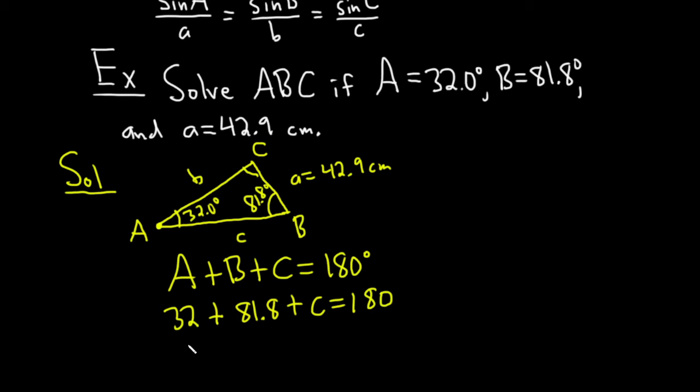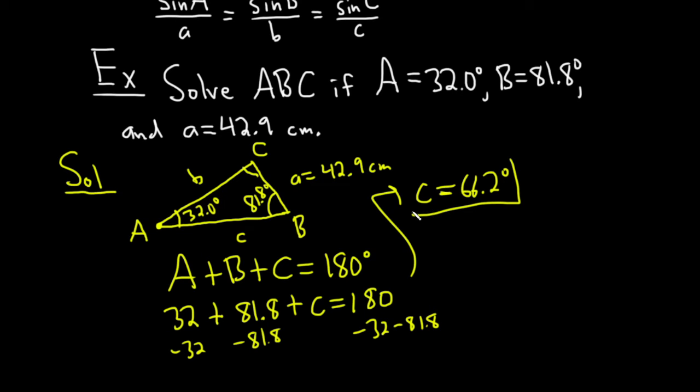And we can now subtract 32 and 81.8 from both sides. Minus 32 minus 81.8. And if you put this in your calculator, you should get 66.2 degrees. And that's one of the answers. So I'm going to put that in a box. So now we have C. It's kind of hard to squeeze it in here because my picture is so small. So I'll put it in red, 66.2 degrees.